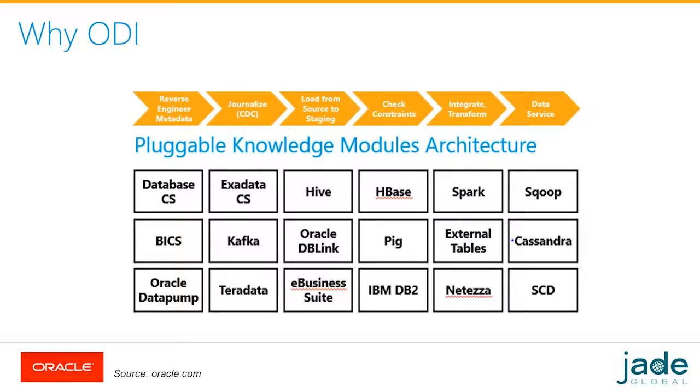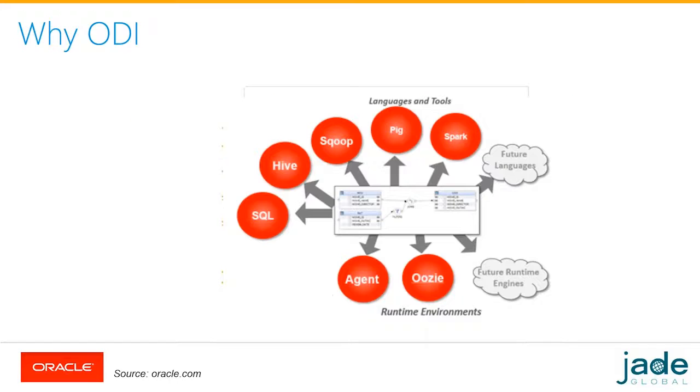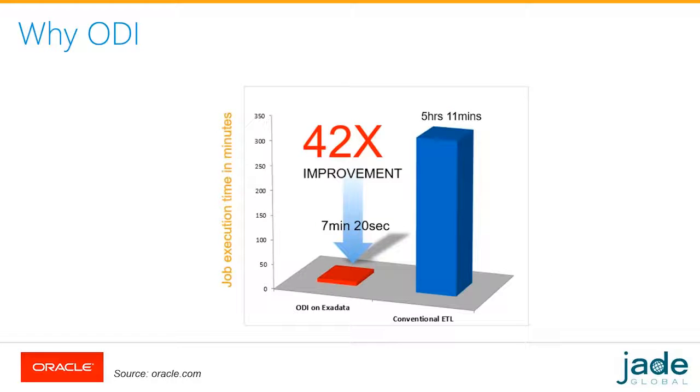The pluggable knowledge modules deliver a wide range of connectors, and are easy to extend and add new best practices. It also uses native technologies for many data sources for optimal performance and reduced network traffic. And last but not least, the performance on Oracle Engineered System for the same complex mapping was 42 times faster than conventional ETL.